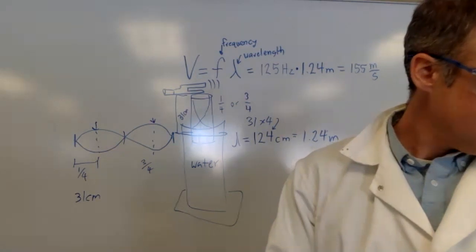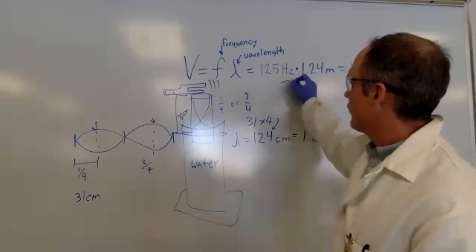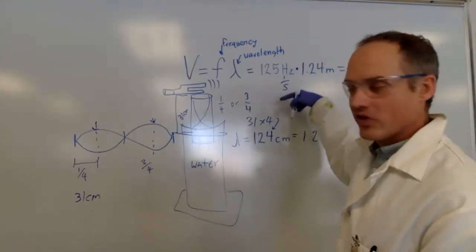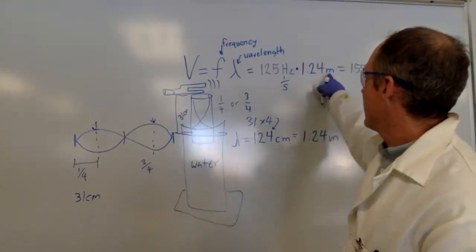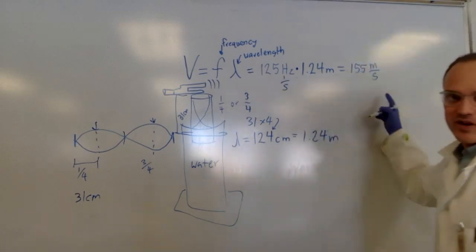Periods per second. Yep. So this is per second, basically. It's like 1/seconds for hertz. And that's meters. So meters times 1/seconds is just meters per second.